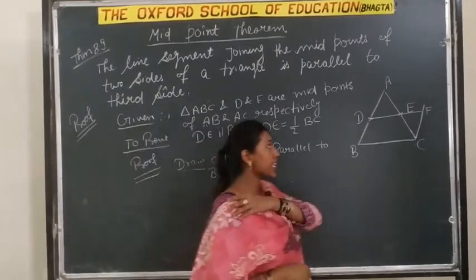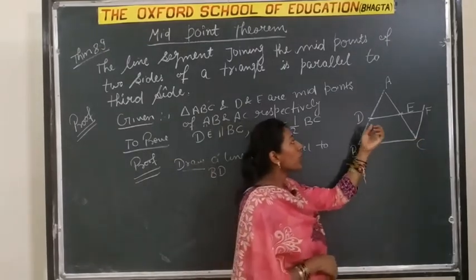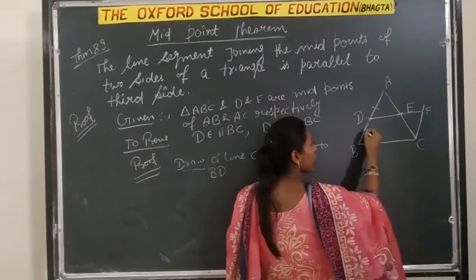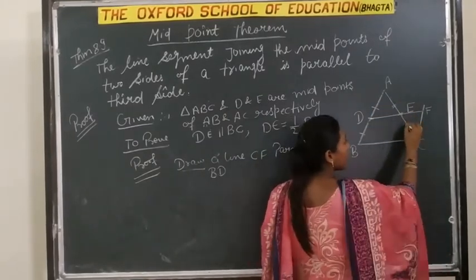We draw line CF, and CF is parallel to BD. Now D is the midpoint, so AD equals DB, and E is also the midpoint, so AE equals EC.